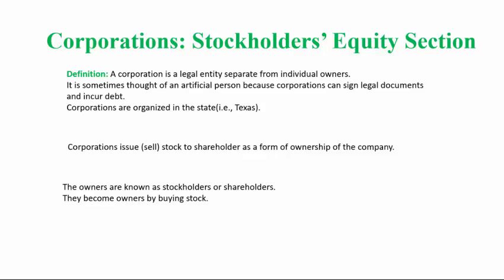Corporations make up 90% of the revenue, while only making up about 10% of the entities. The owners, in exchange for their common stock, are shareholders, and they buy this stock in order to exercise control over these entities.